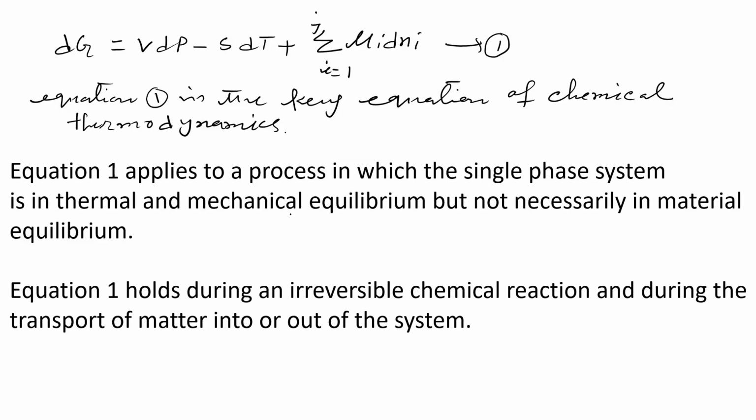Okay. And this equation 1 applies to a process in a single phase system, as I have written in an earlier slide. We are considering only one phase, and it is in thermal and mechanical equilibrium, but not necessarily in material equilibrium. So this equation holds during irreversible chemical reactions, where the number of moles or amount of reactant and product changes.